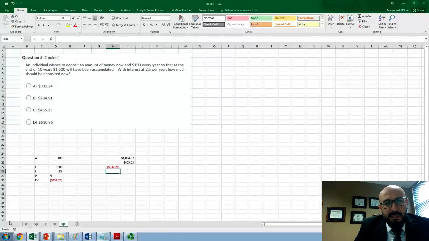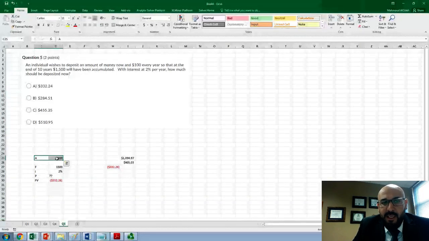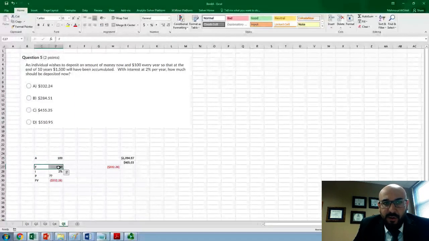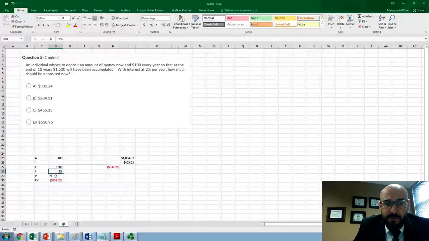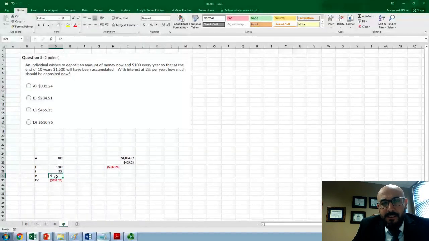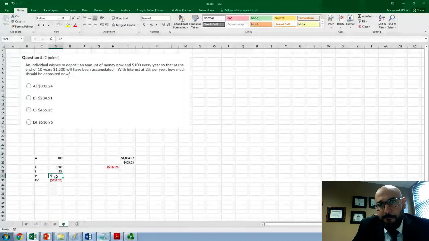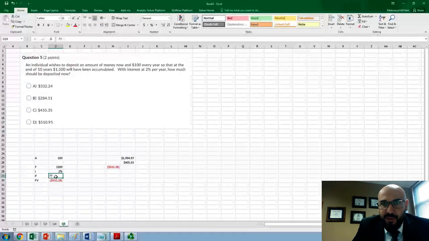So let's list down the parameters, the inputs. We know that A is $100. The future value, we know, is $1,500 to be received in 10 years. The interest rate is 2% per year. We don't know the present value. The easiest way, which some people sometimes use, though I don't prefer it, will still give you the right answer.